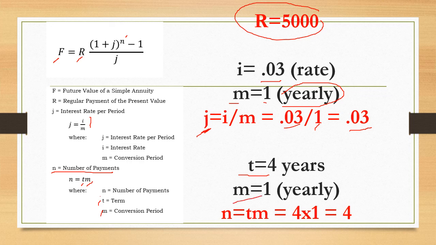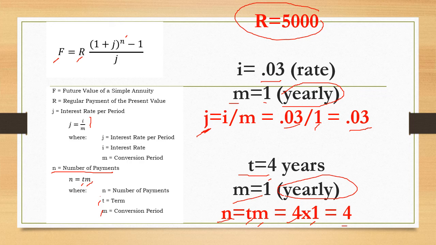Again, M is equal to 1. The keyword is the word yearly. The interest rate is compounded yearly. The formula for N is T times M. T is 4 years. M is 1. So 4 times 1 equals 4.